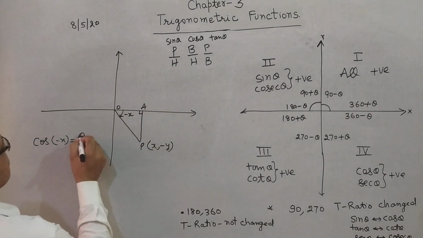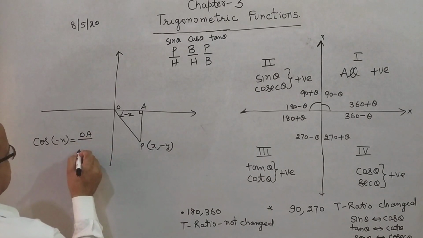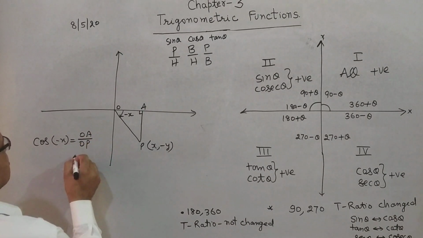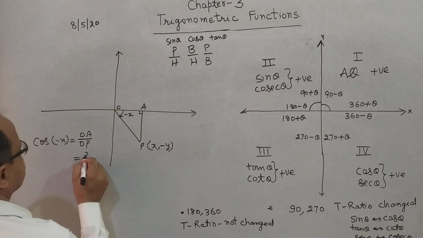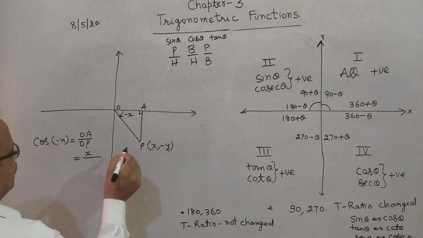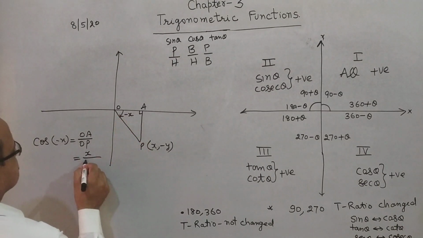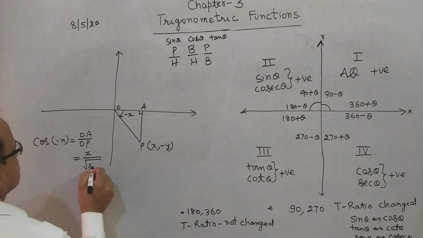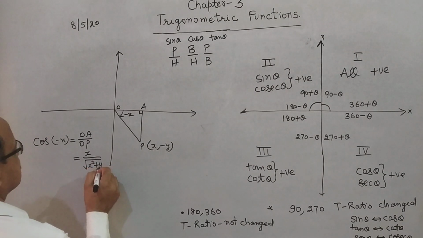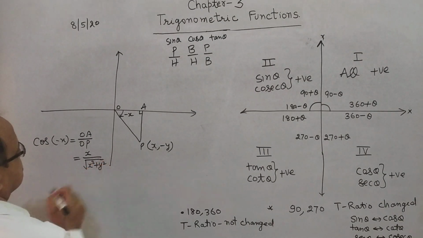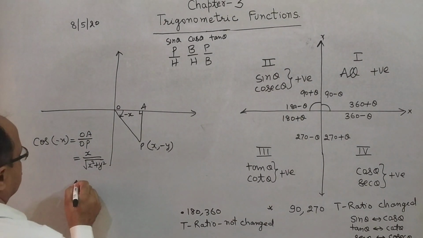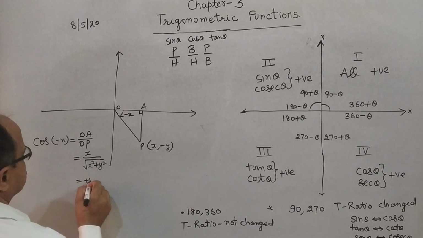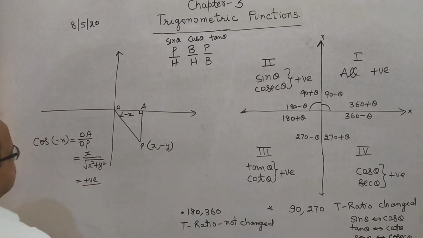Cos x is OA upon OP. OA is x, and OP, when you apply Pythagoras theorem, is root of x square plus y square. It means this is a positive term.